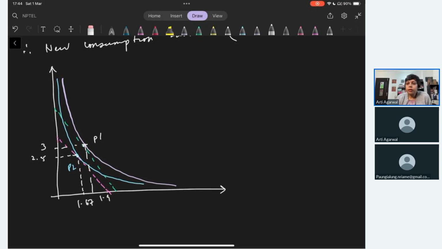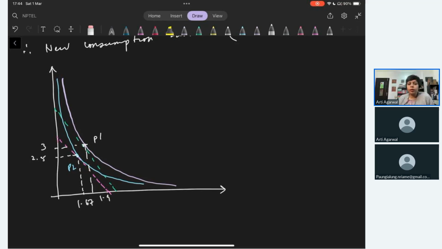I'm just drawing this so we know exactly what is happening, and how you reconcile the new budget with the same utility function. So basically your utility is decreasing, right? Because you're reducing the consumption of both the goods, and you cannot hold utility constant as long as you're decreasing the consumption of both the goods.